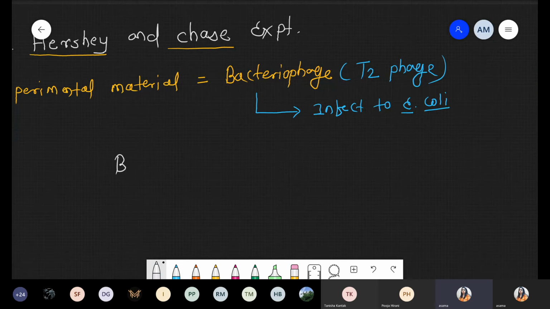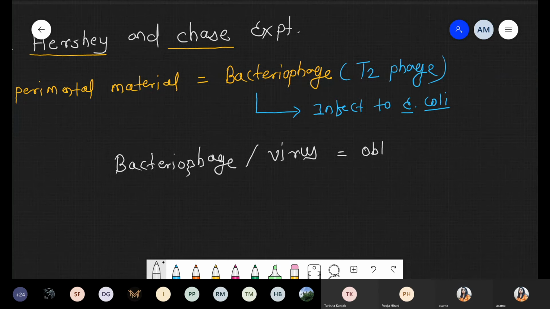So when we are using the information about the phage, more specifically bacteriophage, these are one specific type of virus, and we know that viruses are basically obligate parasites. Obligate, 11th standard biological classification chapter. It means what?